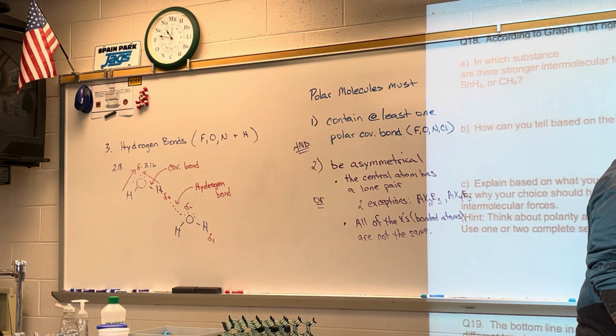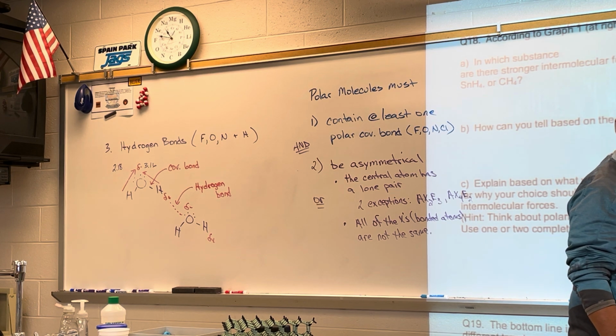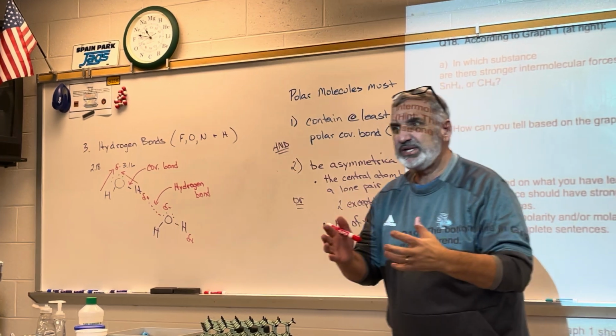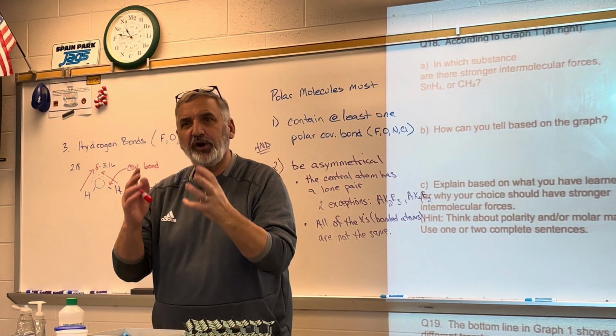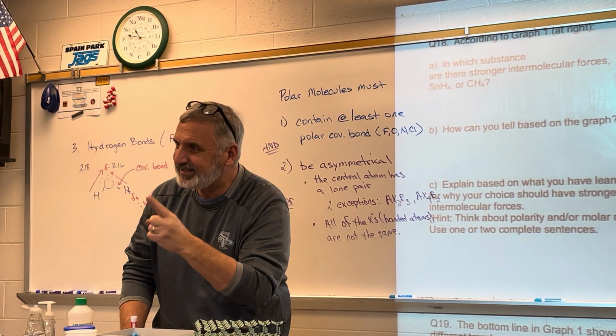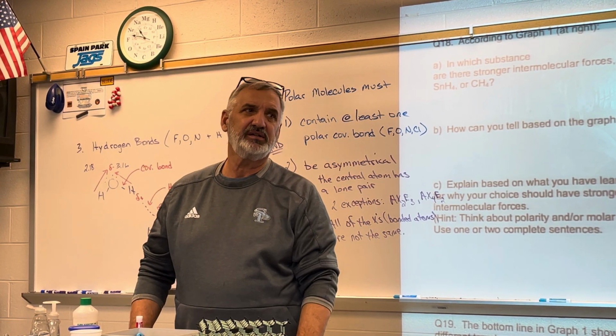Water is way up here. If it weren't for hydrogen bonds, water would be way down here. Okay? Water would not be a liquid at room temperature as we know it. If it weren't for hydrogen bonds, life on Earth as we know it would not exist, because water would be a gas.